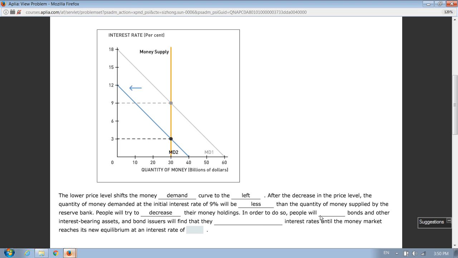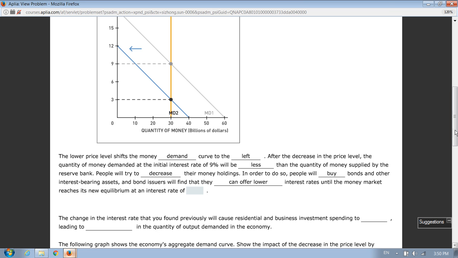In order to do so, they will buy bonds and other interest-bearing assets, and the bond issuers will find that they can offer a lower interest rate until the money market reaches its new equilibrium at an interest rate of 3%.